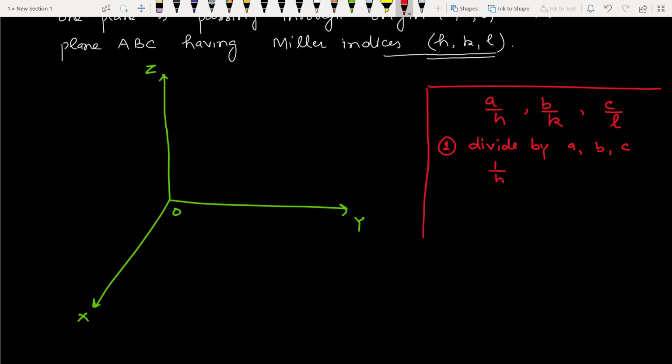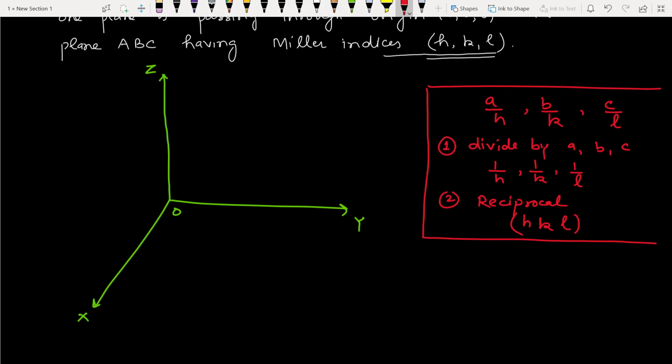So we will get 1 by H, 1 by K, 1 by L. Then we take reciprocal. Then it will be H, K, L. There is no need to take a common factor or convert these into integers by multiplying with some number.